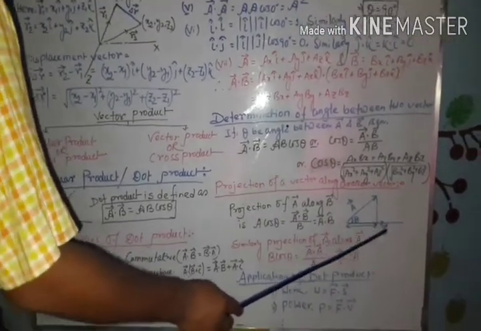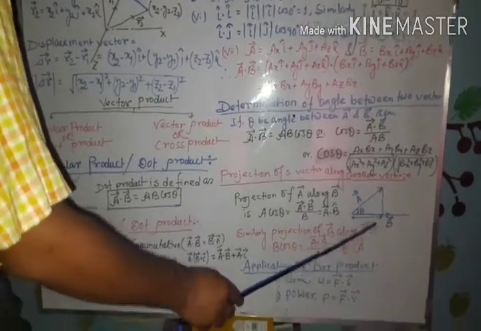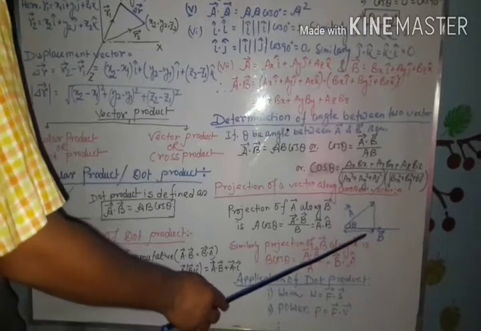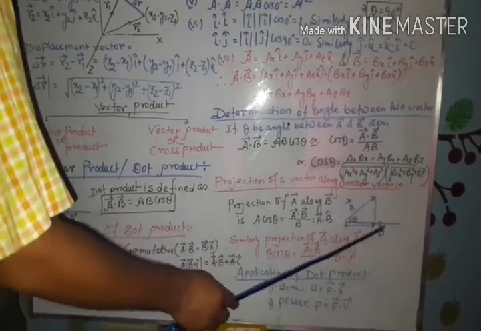That is A cos theta. So A cos theta is the projection of vector A along B, and this value we can determine from the dot product of these two vectors.